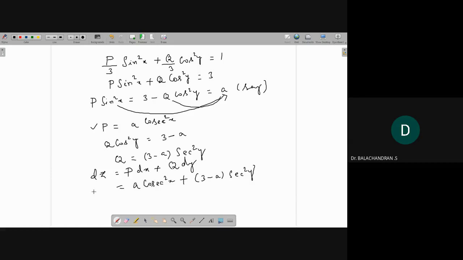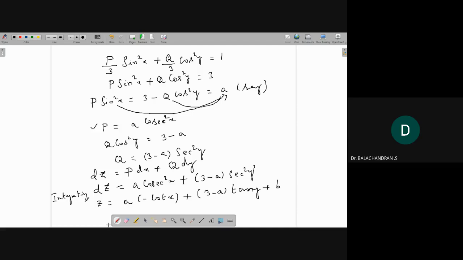If you integrate, you get capital Z equal to A into integration of cosecant square x, which is minus cot x, plus 3 minus A, integration of secant square y is tan y, plus some arbitrary constant b.